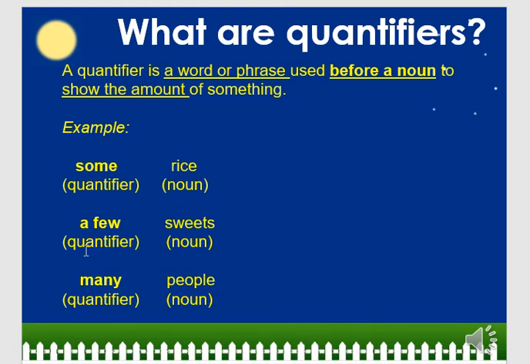So we are using the quantifier some to tell us how much rice there is. Next, we have the quantifier a few to quantify the noun sweets. And we have many as the quantifier to quantify the number of people. So we say there are many people in the shopping mall.